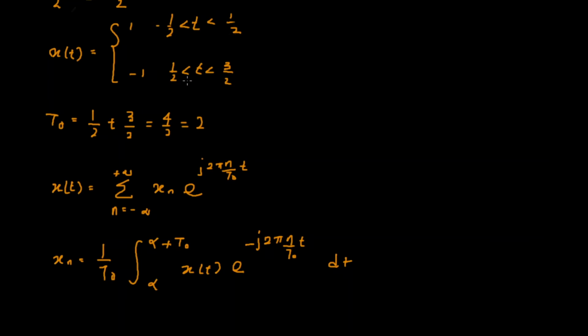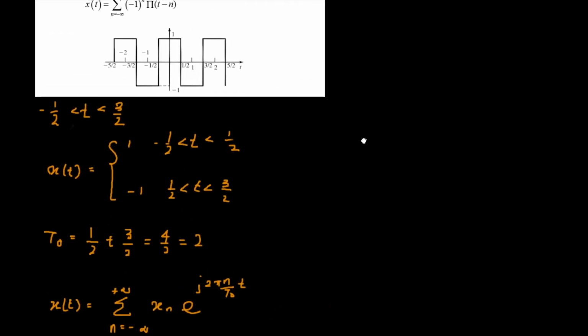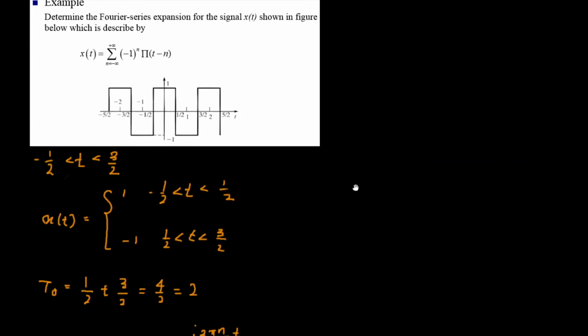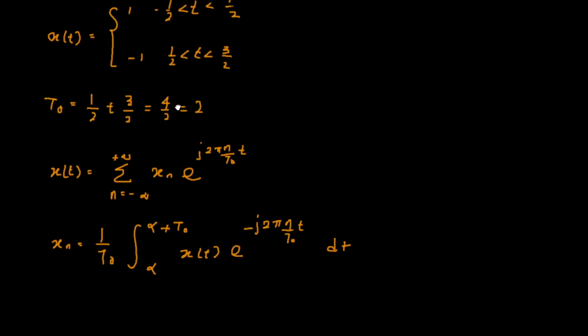Okay, so let's start. If you look at this signal, it is producing two values for the period that we have selected, which is the period of 2. If we want to substitute this range, we can't do it straight; we have to split it into two.